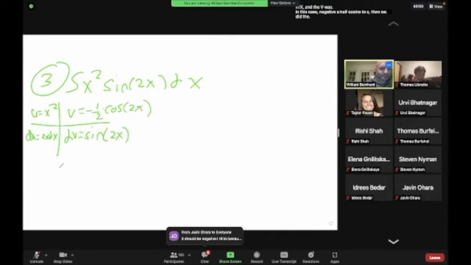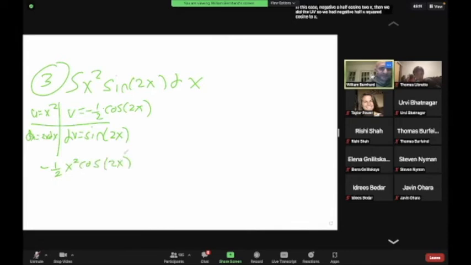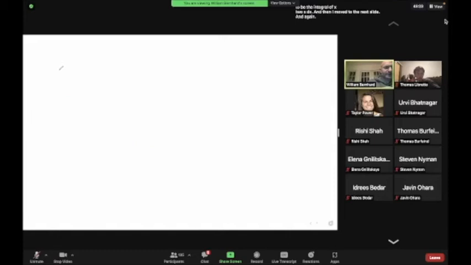Then we did the uv, so we had negative a half x squared cosine 2x, the uv, minus the integral of vu, which came out to be the integral of x cosine 2x dx. And then I moved to the next slide, and I was in the middle of doing x cosine 2x dx.